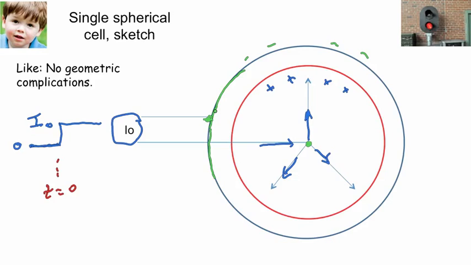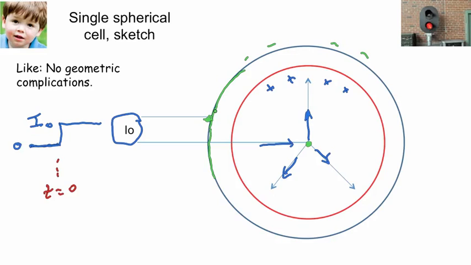Everything here is geometrically symmetrical, so there's no spatial variation. We can ask, what now is the voltage that's produced by the stimulus? Okay, we can solve this problem mathematically. We could do it experimentally, but it would be harder than doing it mathematically.